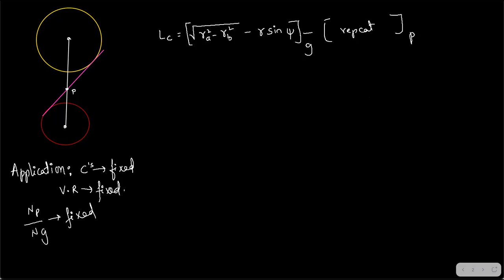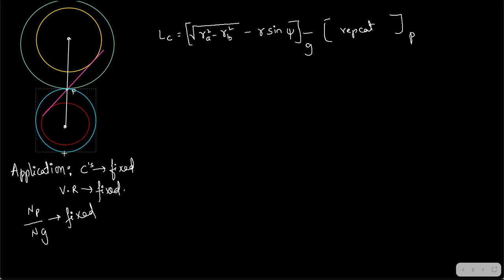For speeds to be fixed, first thing you need to know is we need to fix the pitch circles. If you want to fix the speeds, the pitch circle is fixed. It means the pitch circle diameter cannot be changed. This green circle, and we'll have another circle.